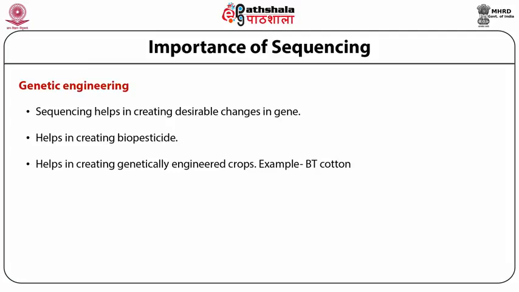For example, BT cotton is a major success of recombinant DNA technology, and this could happen only because we knew the sequence of BT. So DNA sequencing will play a vital role in genetic engineering also.